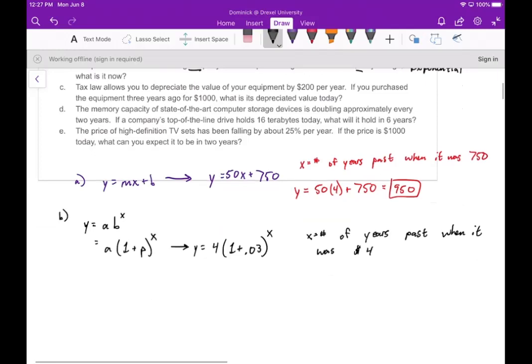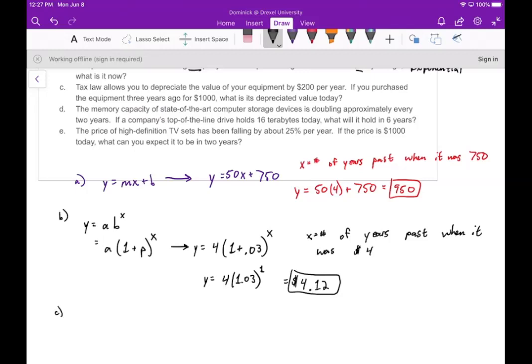Right, so here I want to make x equal to 1, and I'm going to get that y is equal to 4 times 1.03 to the 1 power. Right, so it just becomes 4 times 1.03, and this will give us $4.12. Right, so that's part B.